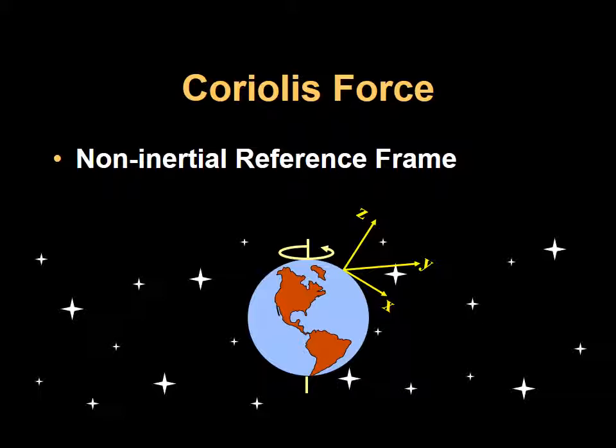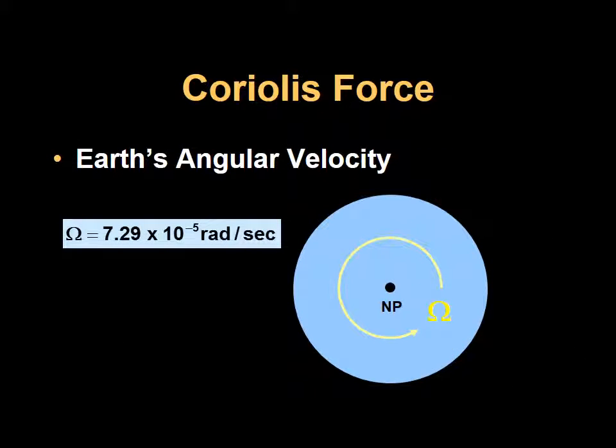And as a result of that, it gives us an apparent motion to anything that is moving through our atmosphere. So we're going to start out with something that you probably know already, and that's the angular velocity of the Earth, which is 360 degrees in 24 hours, or 15 degrees in 1 hour, or 2 pi radians in 24 hours.